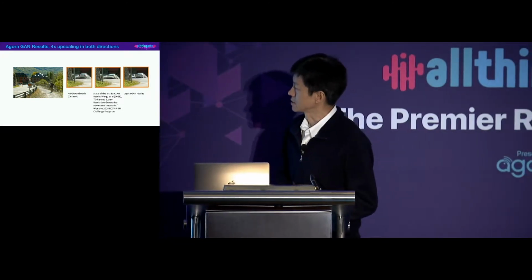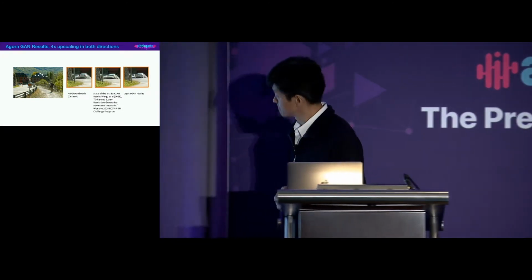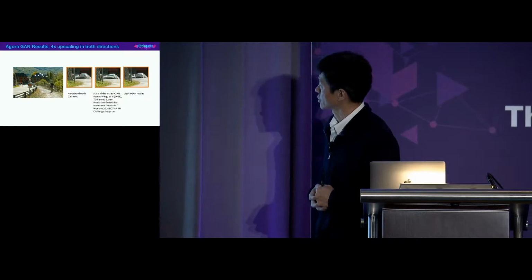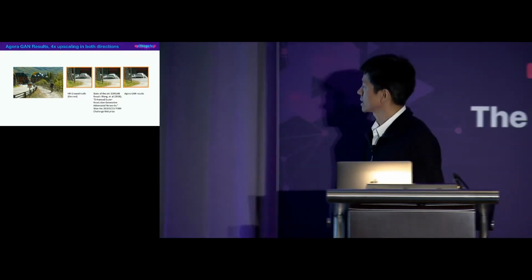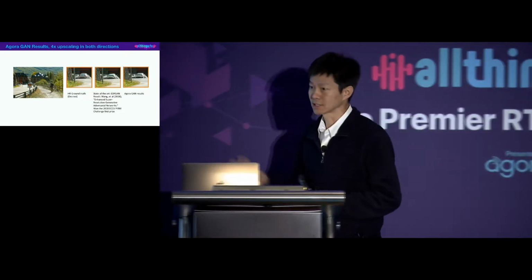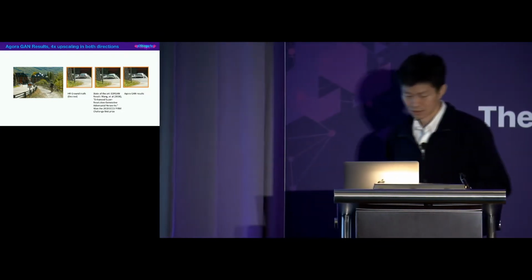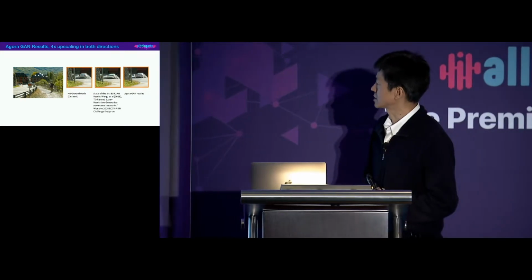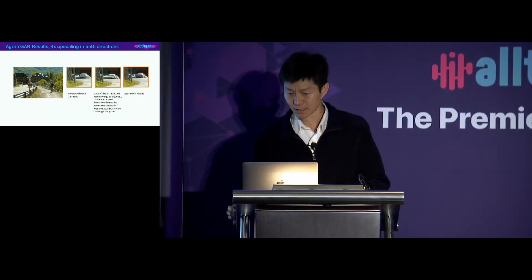And there's no detail, and the structures are not right at all. On the right-hand side, we start to see that there are cards and some details of that. This is from the Agora GAN model.